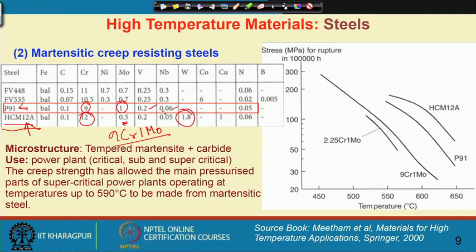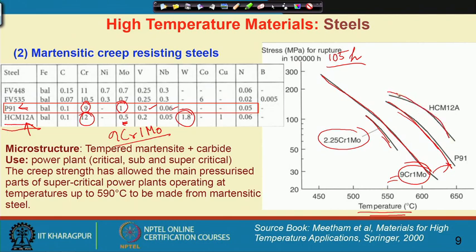If you look at the applicability of this steel and the rupture time of 10 to the power 5 hour, the temperature of application of this low chromium 1 moly steel is somewhat here, where P91 grade steel has been improved from the 9 chrome 1 moly. This is a modified grade steel compared to the simple 9 chrome 1 moly, and this HCM12A can be operated at a much higher temperature range, because this is a very advanced steel that has been used in these power plants.